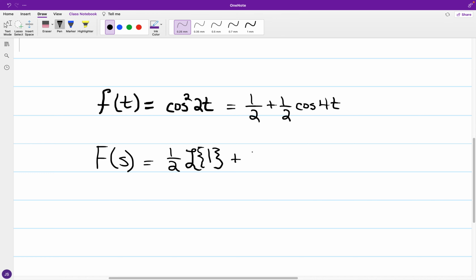And we can say we have plus 1/2 of the Laplace transform of the cosine of 4t. And again, the Laplace transform of 1 is going to be 1 over s.